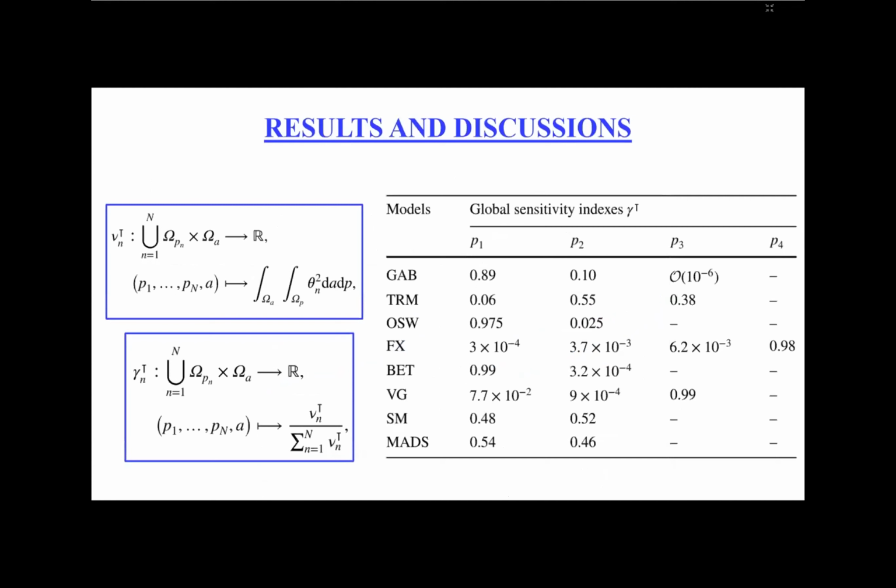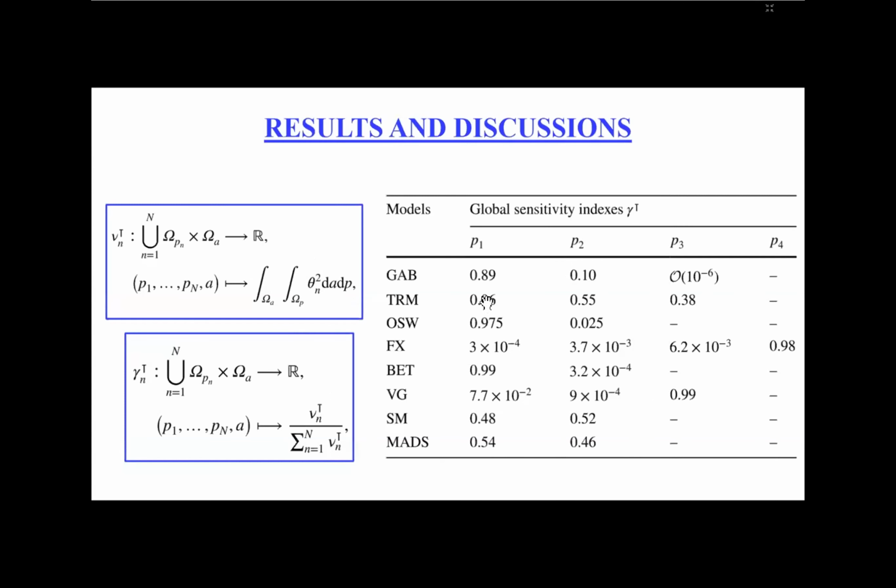The global sensitivity index, which is obtained by the integration of the square of the sensitivity coefficient in the activity and parameter domains, was also used to assess the sensitivity of the moisture content with respect to each parameter of each model, as shown in this table.